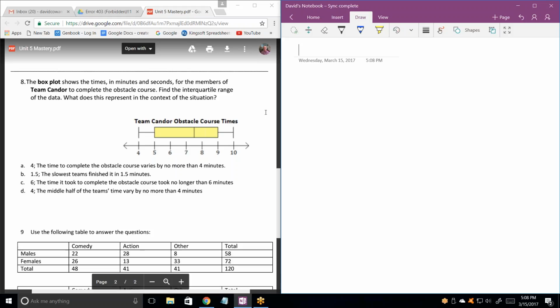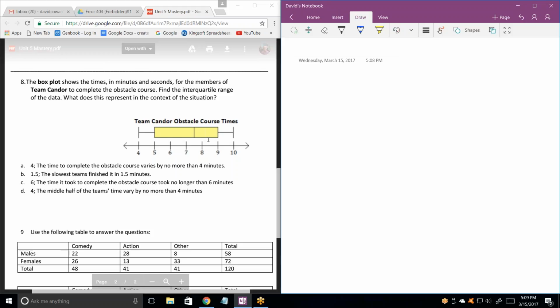Oh, yes, it is. So the interquartile range is the beginning of the second quarter to the end of the third quarter, with the line in between being the median of all the data.